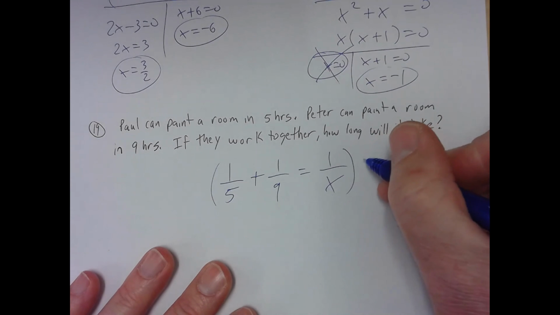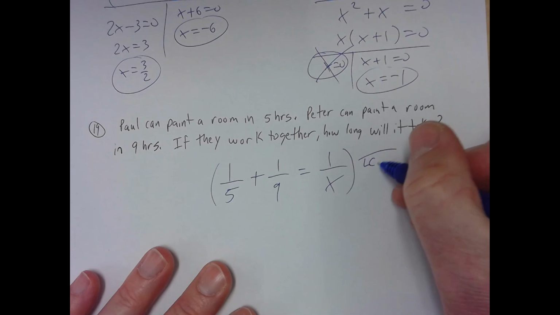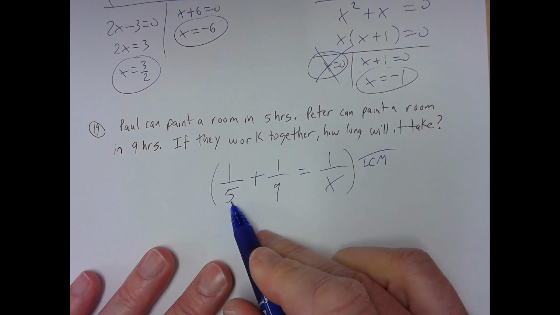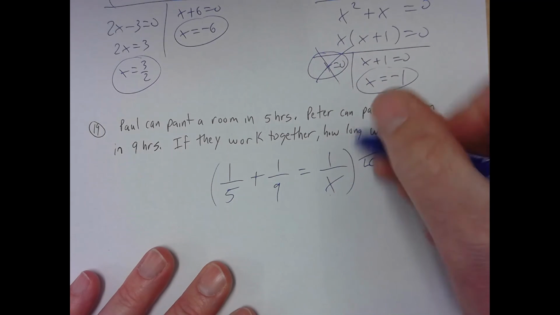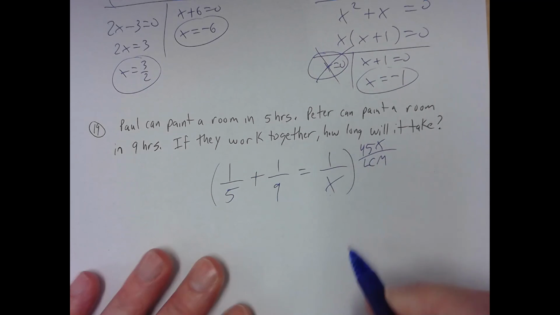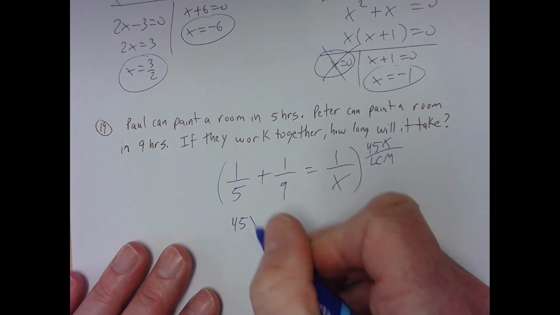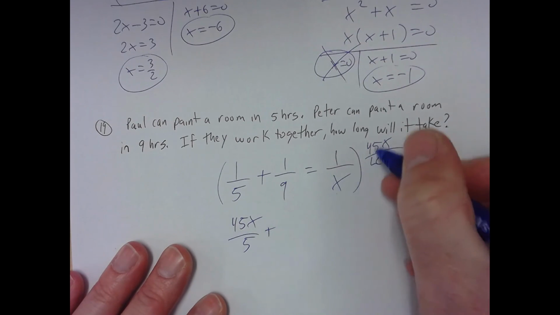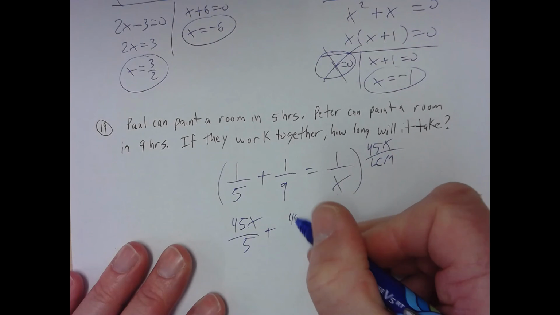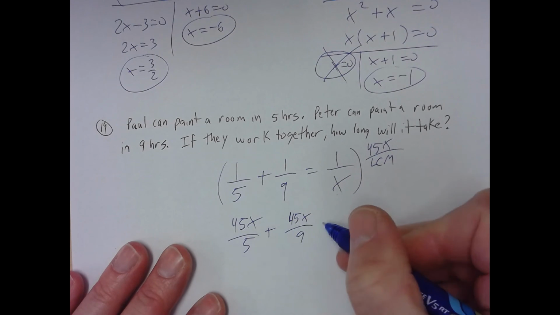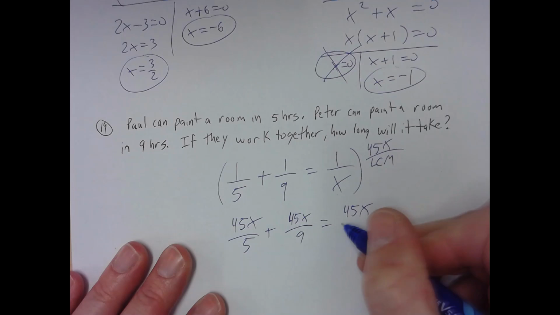So the LCM would be 9 and 5, which is 45, and then x. So it's 45x. So 45x over 5, distributing through, 45x over 9, and 45x over x.